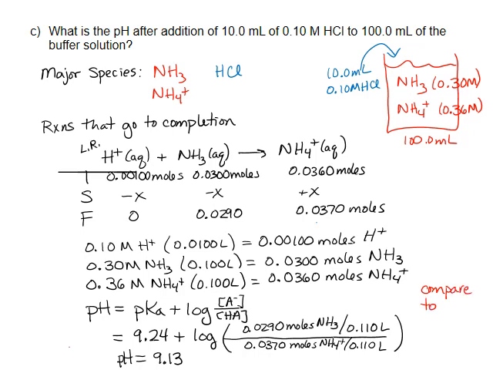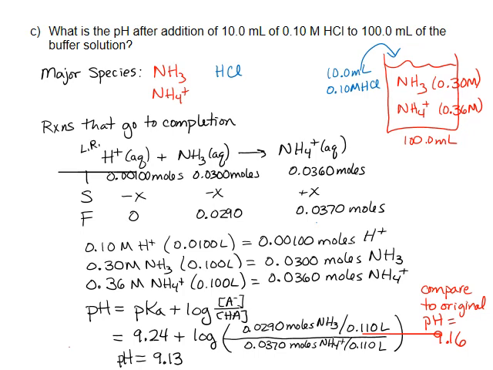And again, let's compare that to our original pH of 9.16. When we added the HCl, the pH did drop from 9.16 to 9.13.